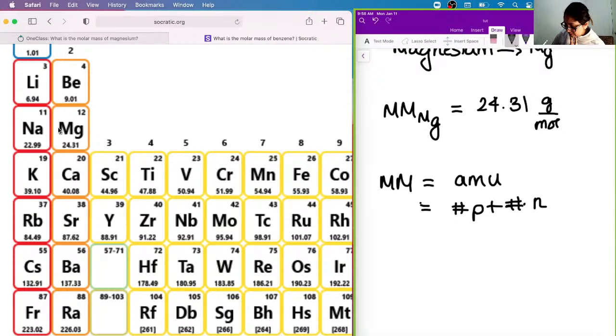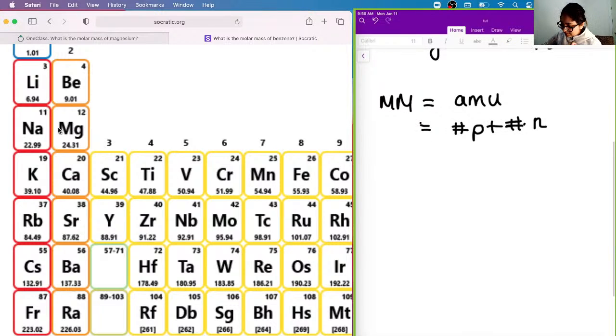The more proper way is to first find your atomic mass, which is basically equal to your molar mass.